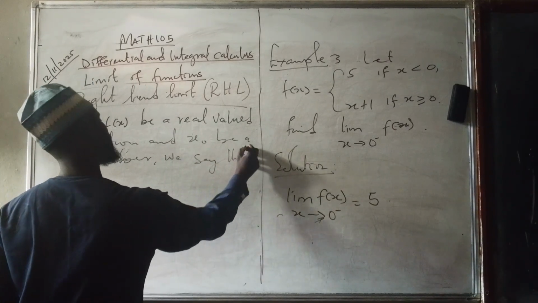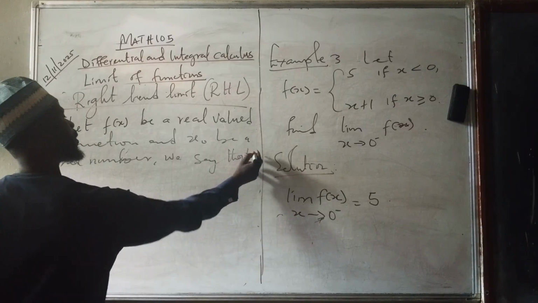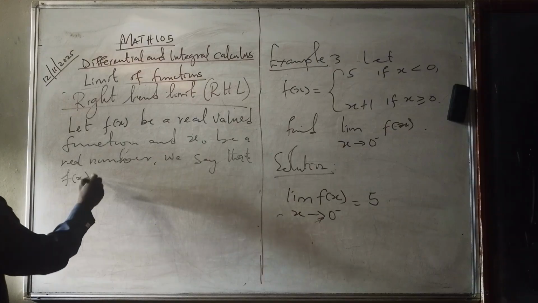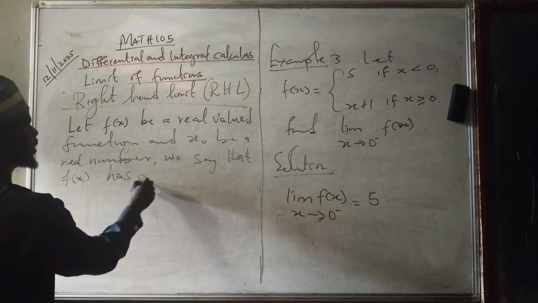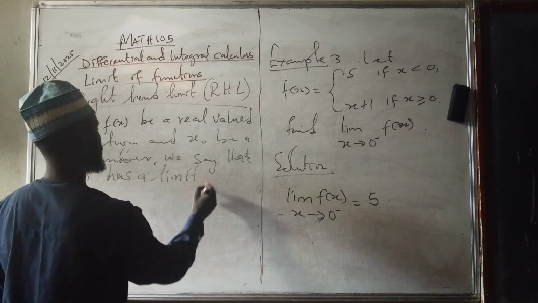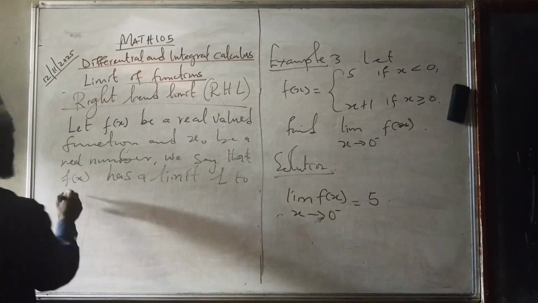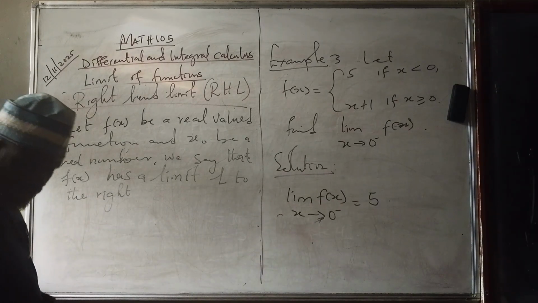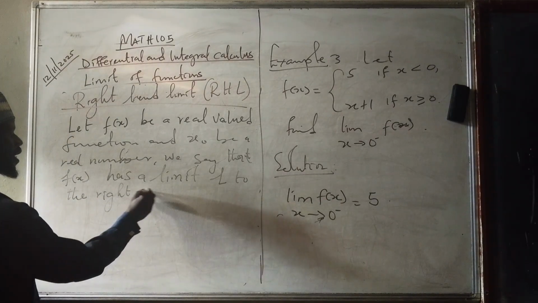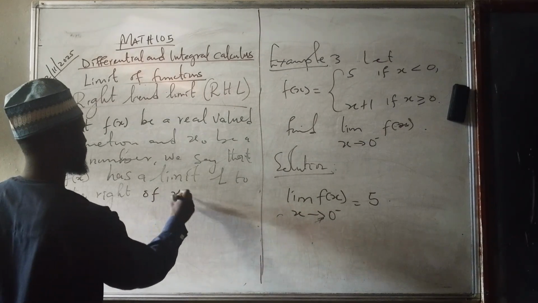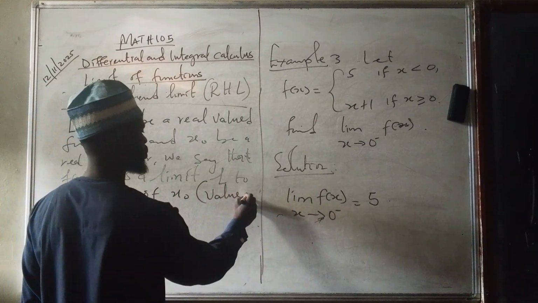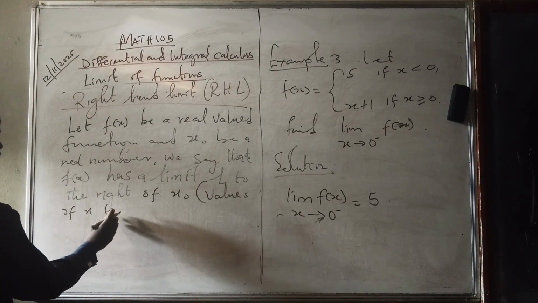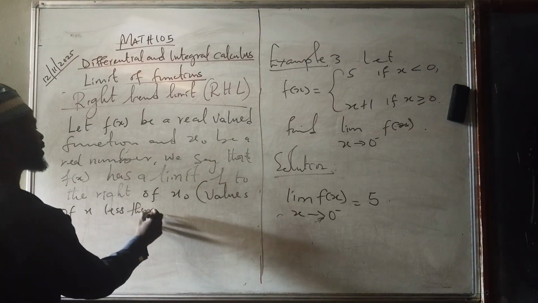We say that f of x has a limit L to the right of x naught, that is values of x greater than x naught.